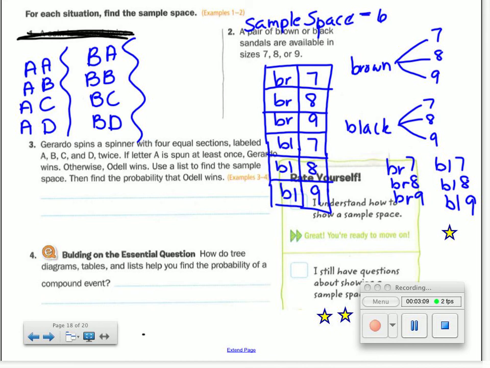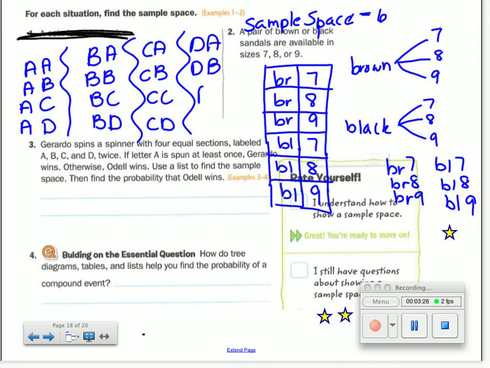C. So C, A, C, B, C, C, and C, D. And then what are we left with for our first spin here? D. So you could have D, A, D, B, D, C, and D, D.